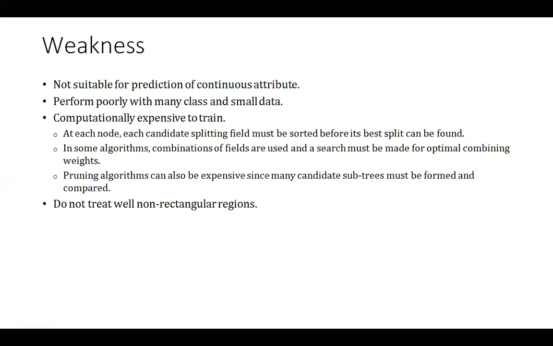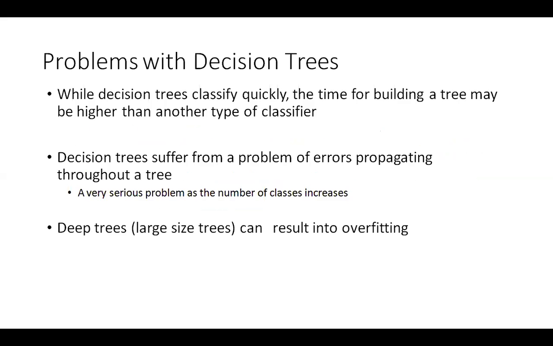And what are the weaknesses of the decision tree? It performs poorly with many classes and a small set of data, it may not be suitable for prediction of continuous attributes, and it is not a good fit for non-rectangular regions. So this is a problem in the decision tree.